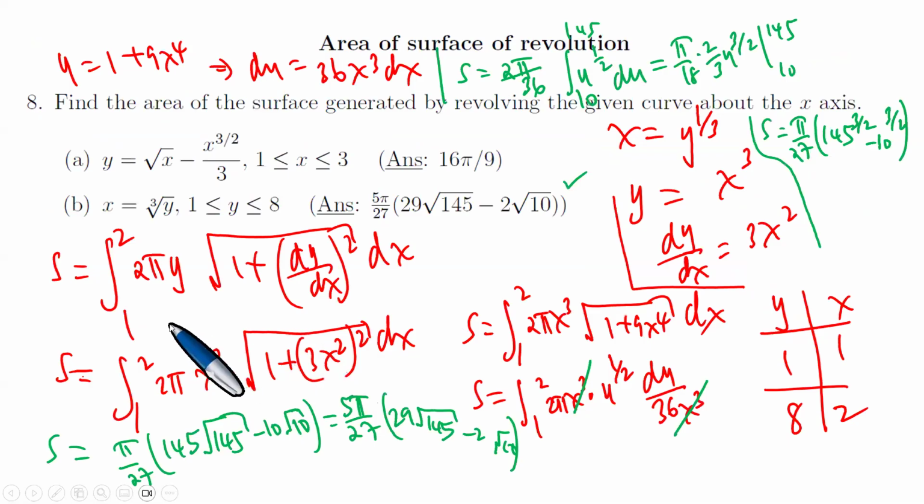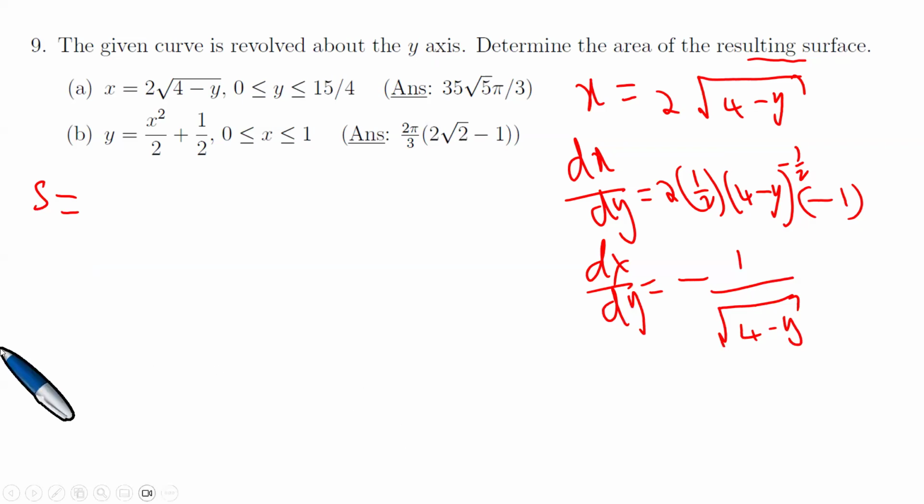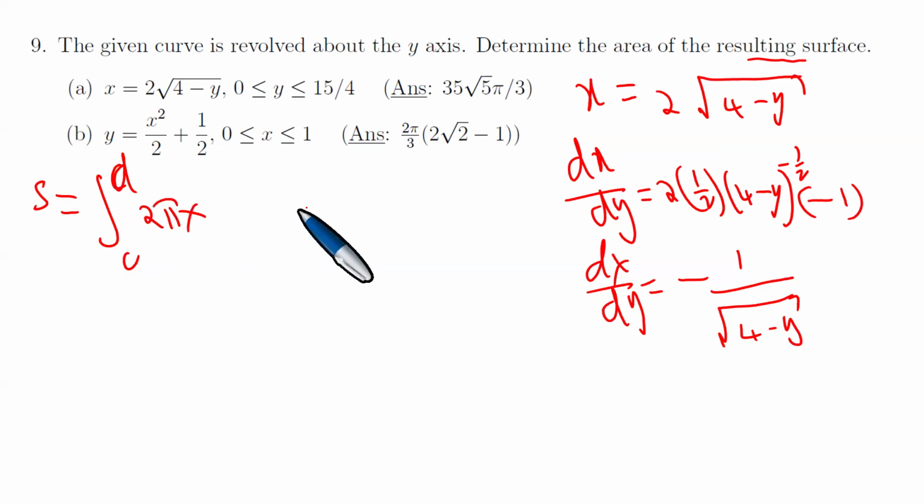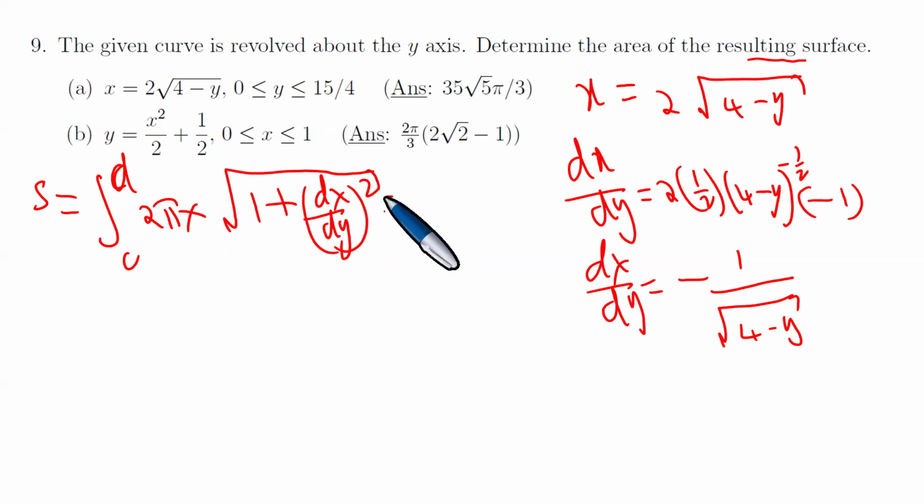Because x is the subject, it becomes the integral from c to d of 2 pi x times the square root of 1 plus (dx/dy) squared, dy.